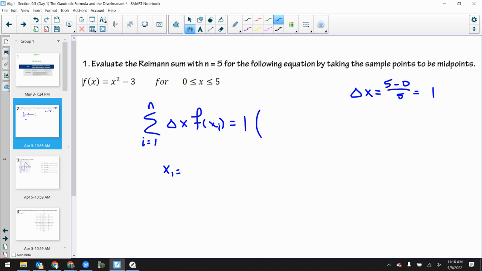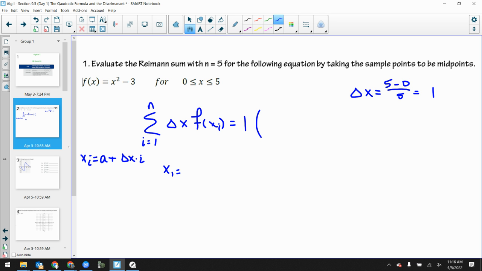Remember, x_i is really a plus delta x times i. That's really our definition of x_i: x_i is equal to a plus delta x times i. What does that mean?